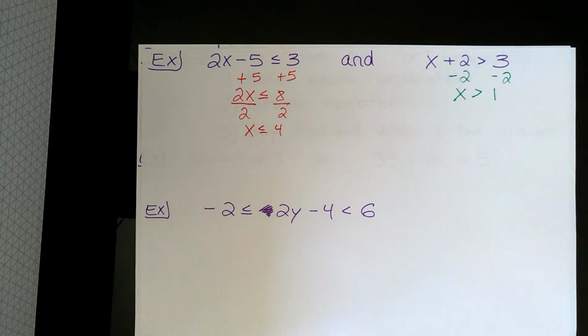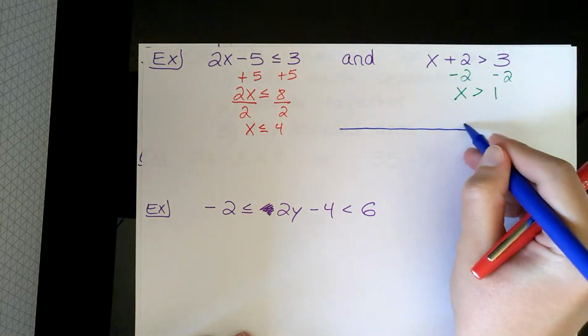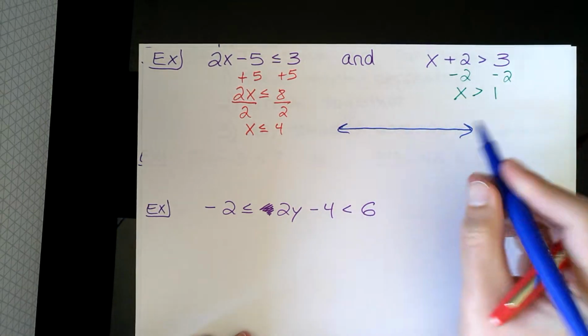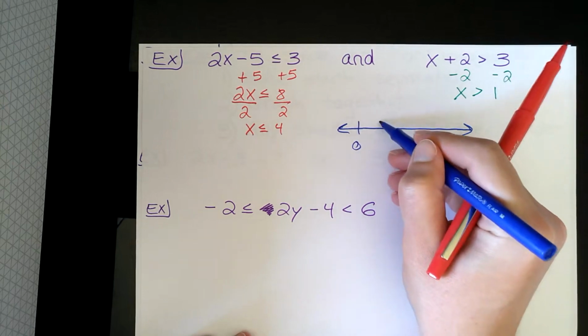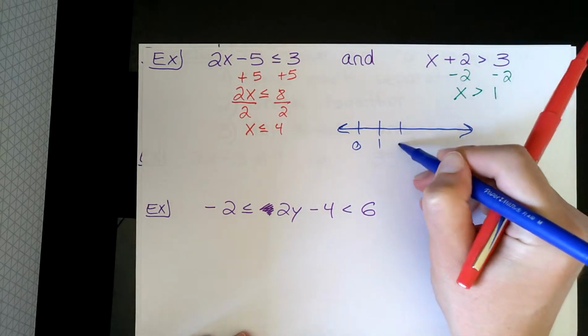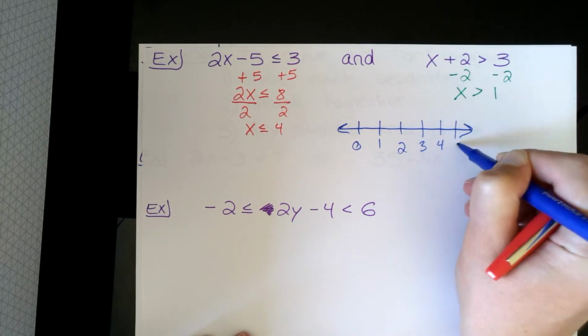So if we start graphing this, we need all the numbers around 1 and 4, so we'll put 0, 1, 2, 3, 4, and 5.